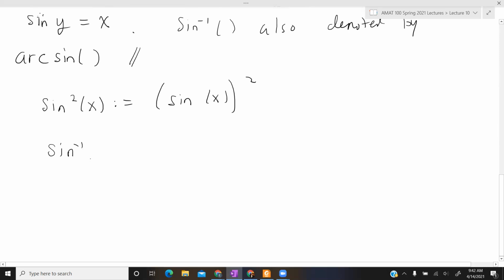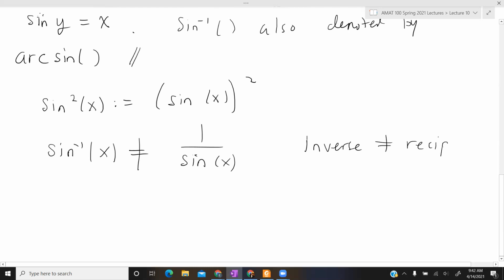When I write this, I do not mean this. It's not the reciprocal, it's the inverse. So inverse does not equal reciprocal. This is not true right here.